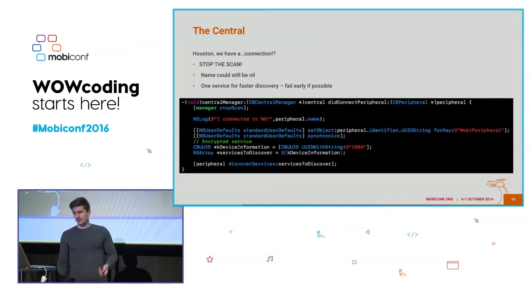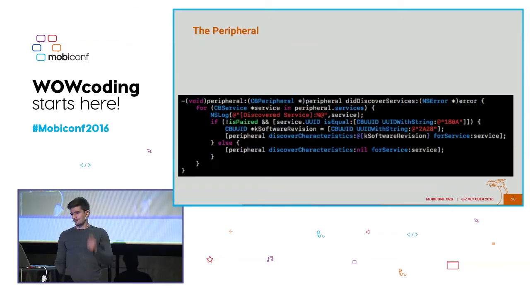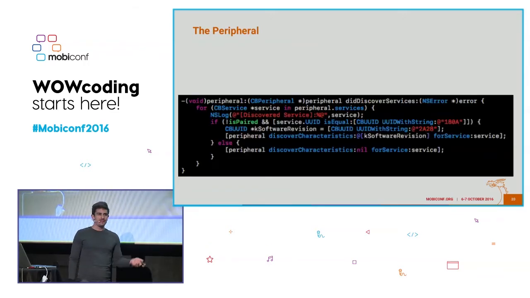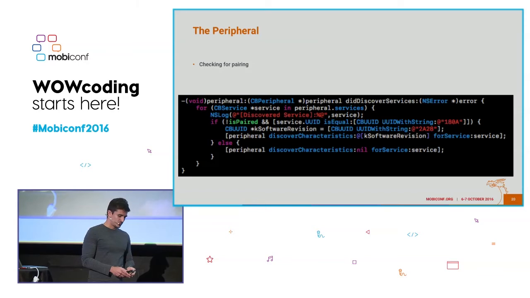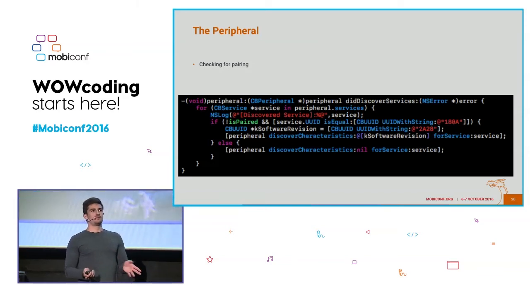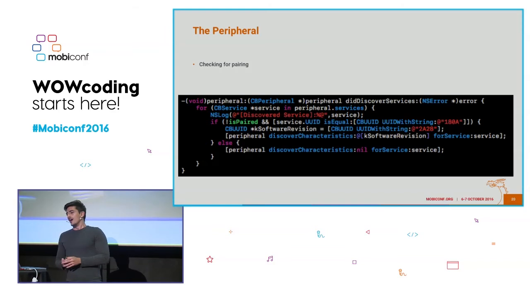So now we're going to try to discover these services, right? And we have the peripheral now. Yay. So after we connect, first thing you want to do is check for the pairing. Why? Our device wouldn't work if you don't pair it. It just won't. It doesn't make sense. It has to be a protected setup.